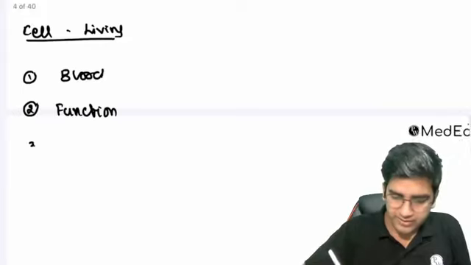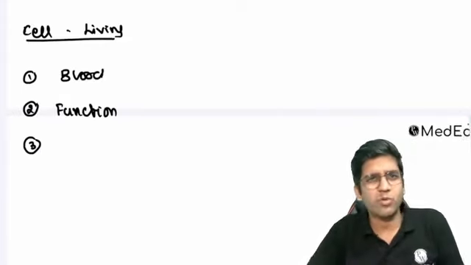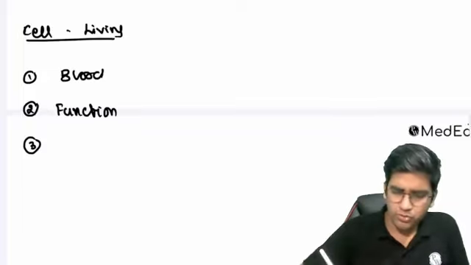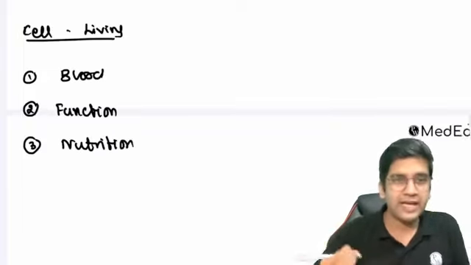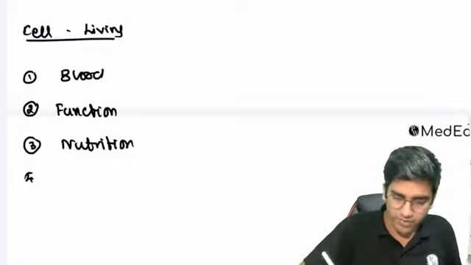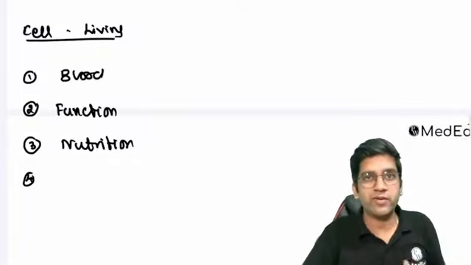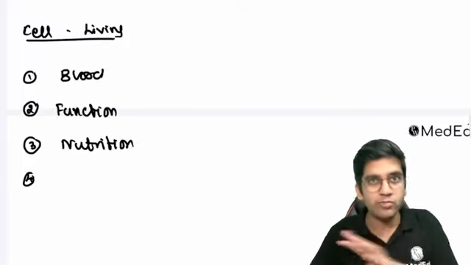Third, can I say that a cell needs protein for survival? Protein is must for survival, right? Nutrition is must for survival. When there's a nutritional imbalance, I'll have atrophy. These are all required for a living cell, right? Four, we yesterday read about our endometrium. Am I right in saying that I need hormones for endometrium to have a normal growth?